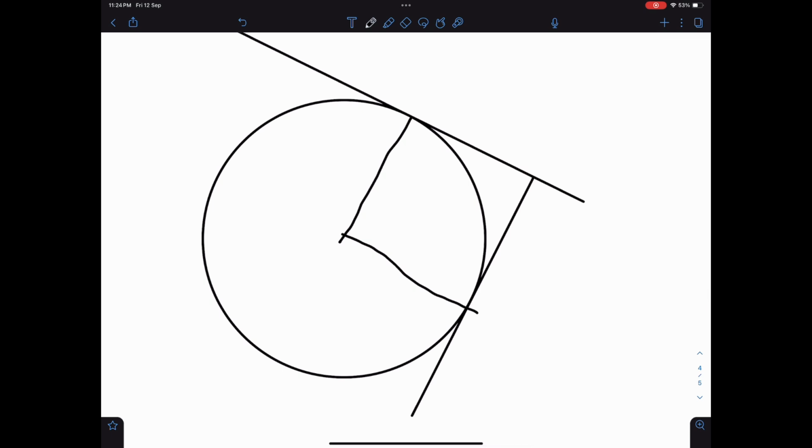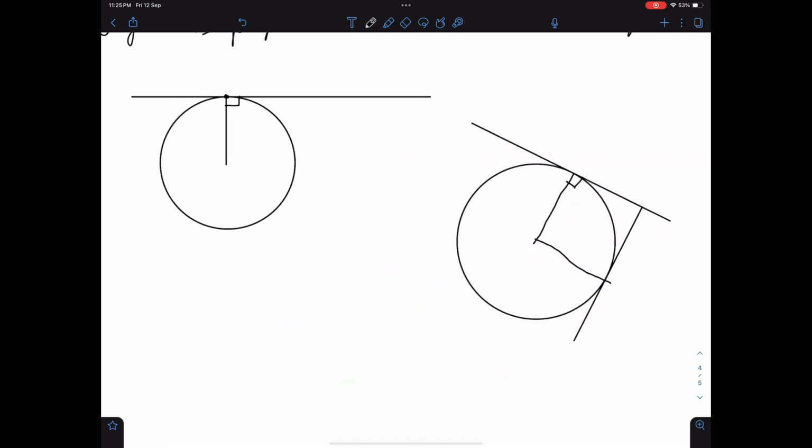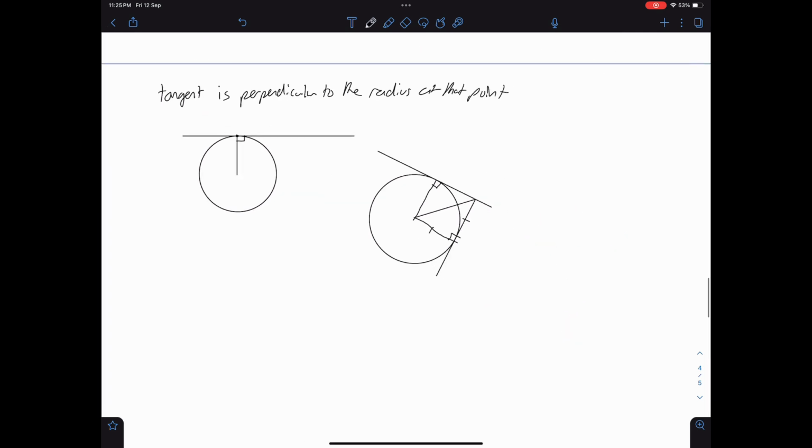Given enough information, you could prove that this would be forming a square by using that property of those ones here, and then just proving with Pythagoras that these are the same length, something like that. So that's the first one you need to remember.